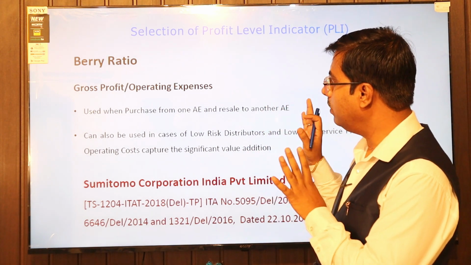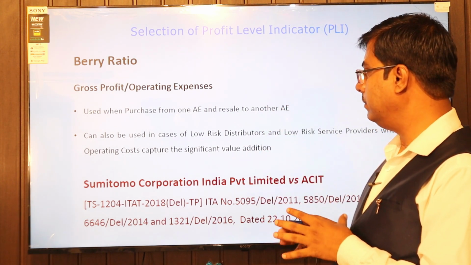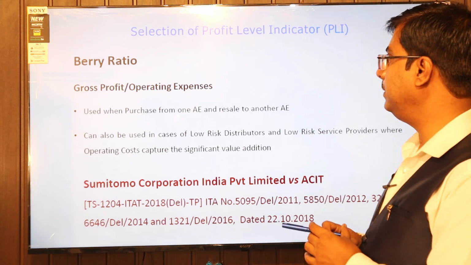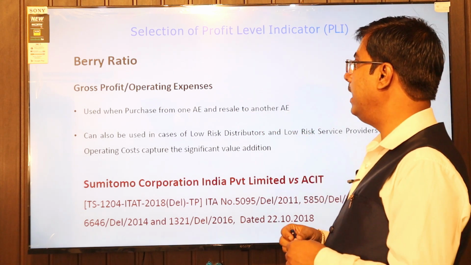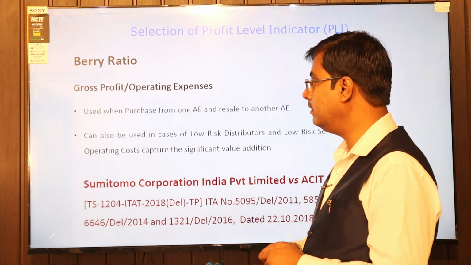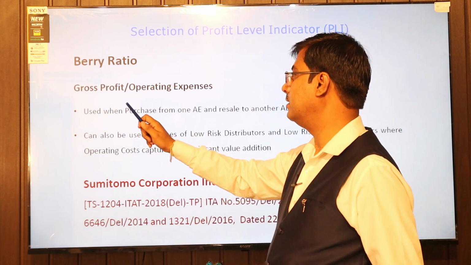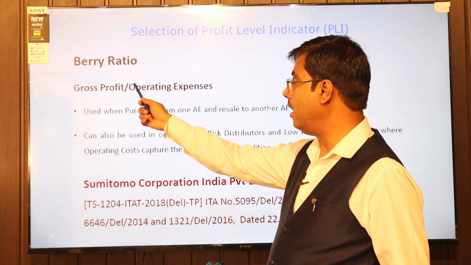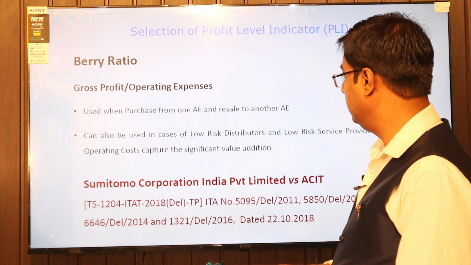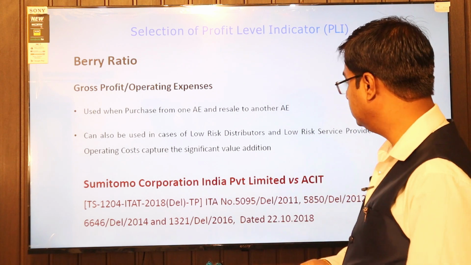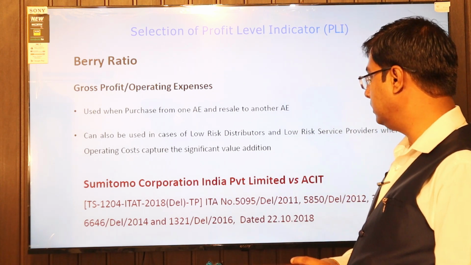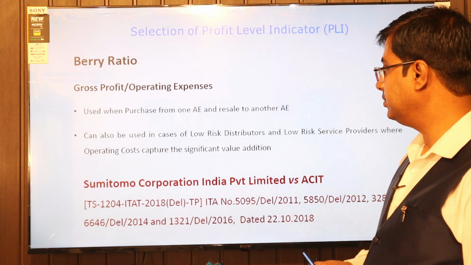Berry ratio may be used in case of TP, gross profit upon the operating expenses. So this here is not an OP, it's a gross profit upon the operating expenses. So this is an apex court judgment for Sumitomo Corporation.